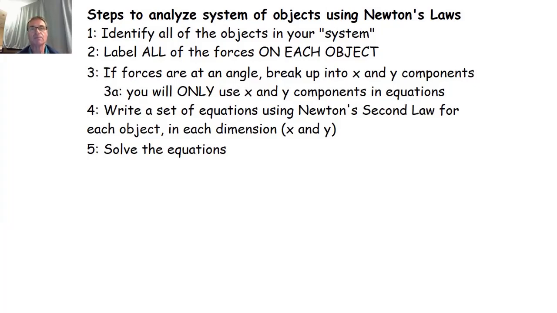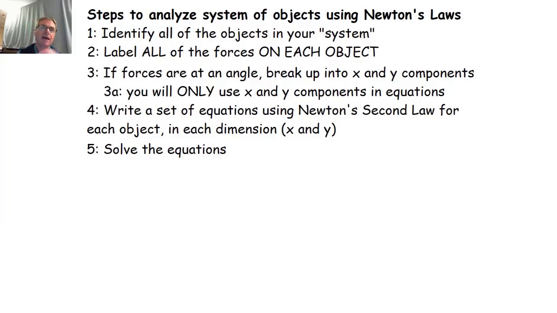Our system will be comprised of one object, maybe two objects, maybe sometimes three objects, but usually one or two objects. What determines whether something is an object in our system is if that thing has mass. Sometimes we like to alter our system a little bit and make it a perfect system, so we'll assume that some things have no mass.